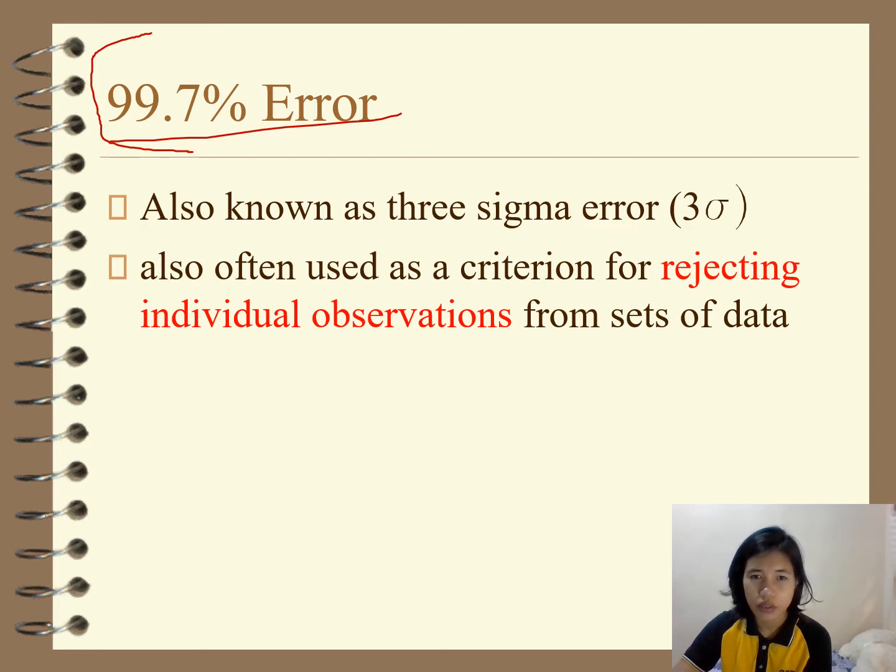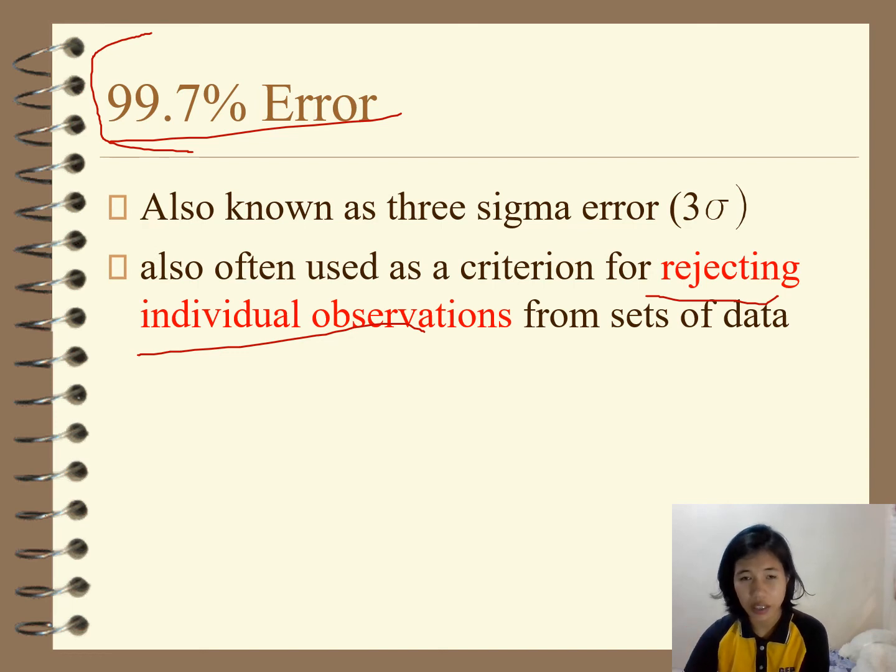It is often used as a criterion in rejecting individual observations. So, if an observation, one repetition, falls under the 99.7% error, you can reject it and remove it from the data to make your data more reliable, because you have removed the mistakes and large errors.